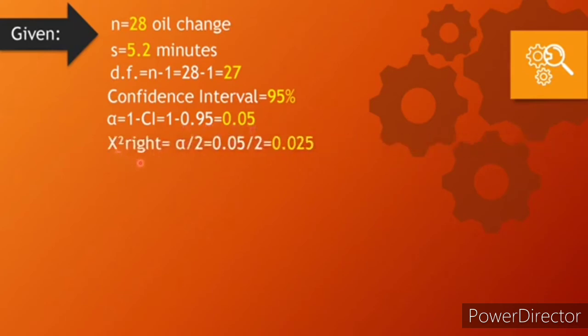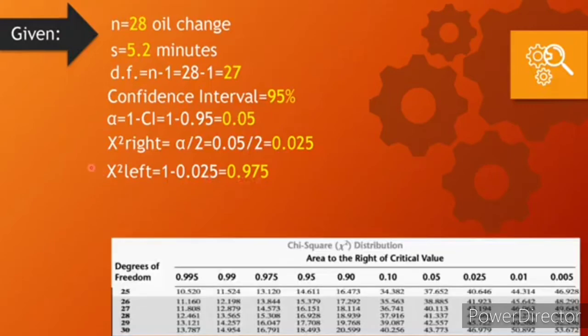The chi-square in the right tail is equal to alpha divided by 2, or 0.05 divided by 2, which is equal to 0.025. And the chi-square in the left tail is equal to 1 minus 0.025, which is equal to 0.975. So for us to know the chi-square, we will use the chi-square distribution table. So let's start.